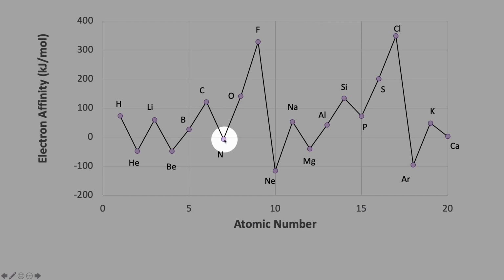Nitrogen, it goes down. Why does it go down? Because nitrogen has a half full p shell. If you give it an extra one, it no longer has that half full p shell. Right? Oxygen wants one, fluorine wants one, neon really doesn't want one. Okay, so you can see how this changes, and it is, again, not as clear a trend as atomic radius, but it is predictable.